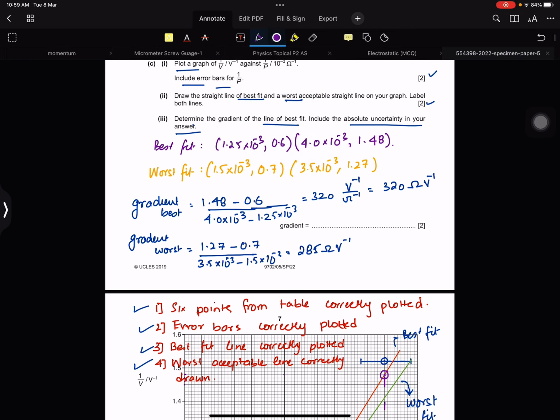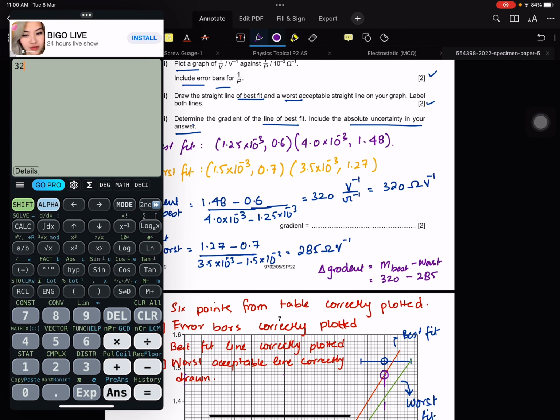Now, remember that to write the answer for the best fit, you're going to first find the uncertainty. So how to find the uncertainty? The uncertainty in the gradient is going to be the gradient of best fit minus the gradient of worst fit. So we had 320 here minus 285. So 320 minus 285, this is 35.